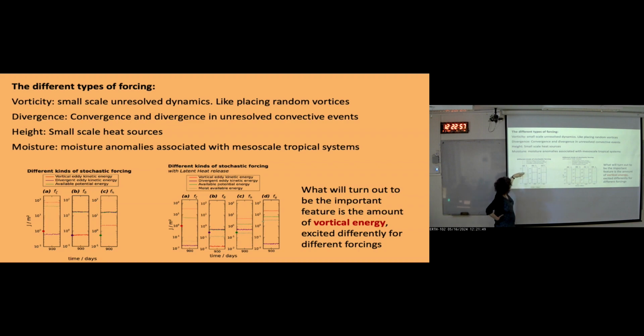And one thing we note is that the level of vertical energy varies. Okay, this red line varies a lot between these runs. You have only one-way interaction. Yeah, you don't take into account, for example, the downscaling of the entropy should in some way affect the vorticity source. The source itself, no, it's just stochastic forcing.